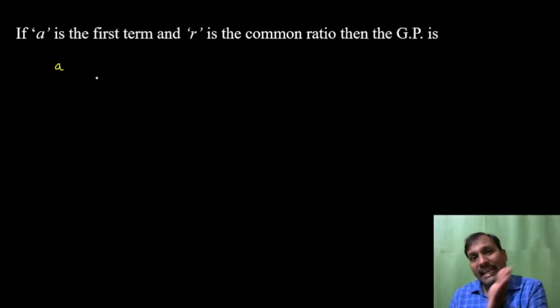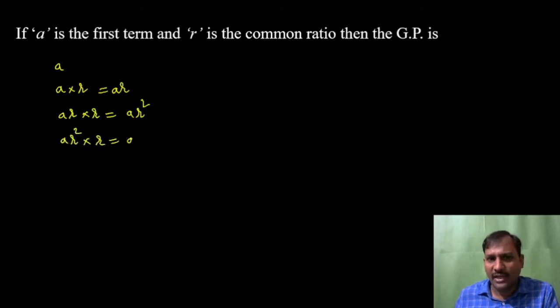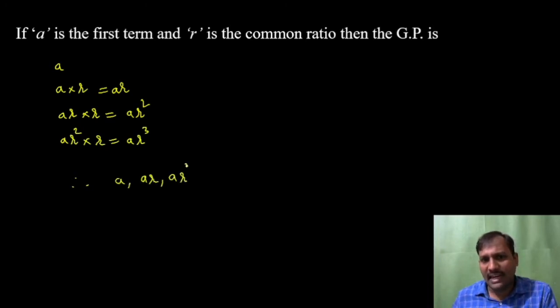To get the next number, we multiply it by the common ratio, that is AR. Again, to get the third term, you multiply the second term by R, that is AR square. AR square into R gives you the next term, AR cube. Therefore the GP will be A, AR, AR square, AR cube and so on.